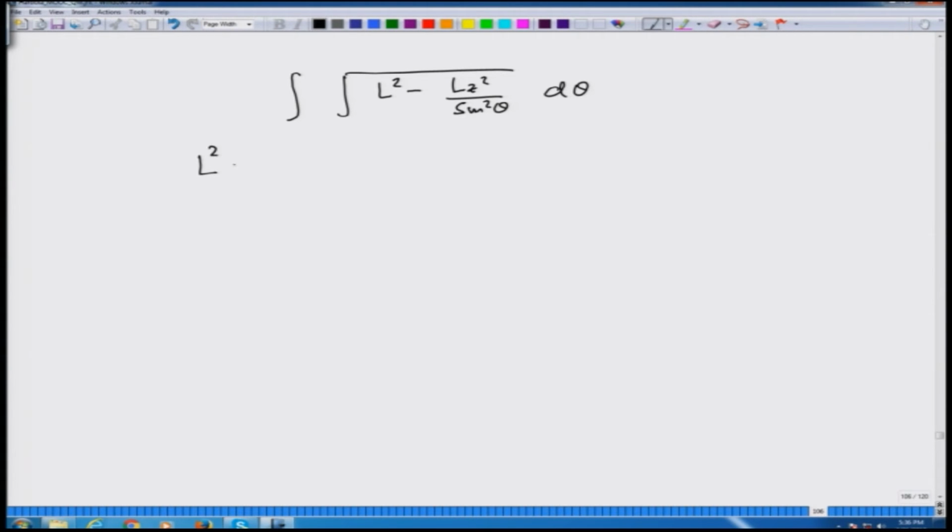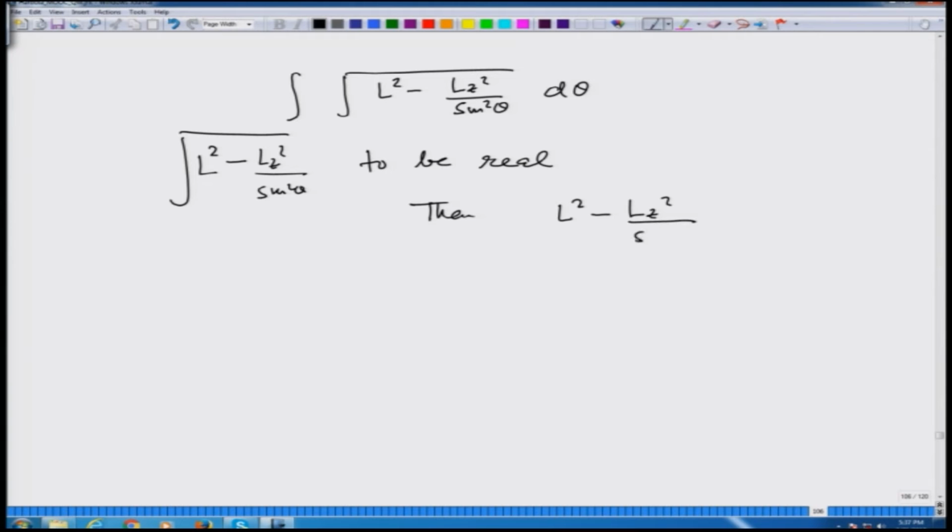Now, if you want the square root of L squared minus Lz squared over sin squared theta to be real, then L squared minus Lz squared over sin squared theta is greater than or equal to 0, and sin squared theta has to be greater than or equal to Lz squared over L squared, and sin theta is then limited to minus modulus Lz by L to modulus Lz by L.